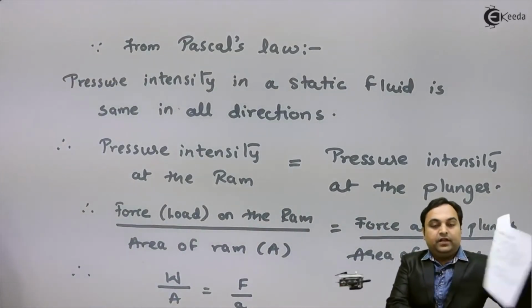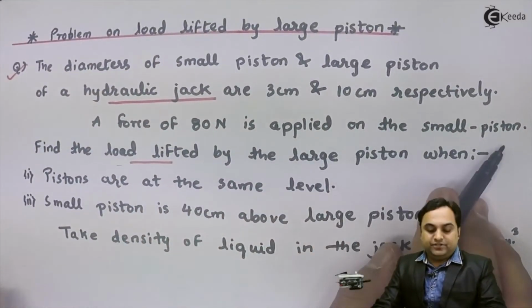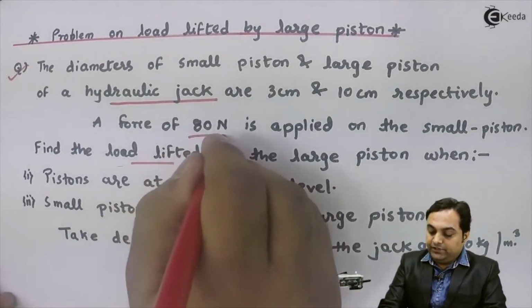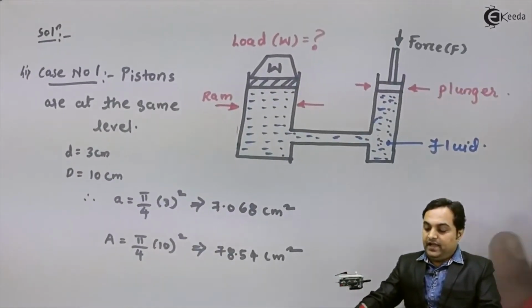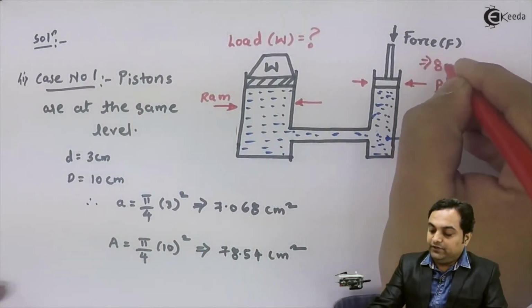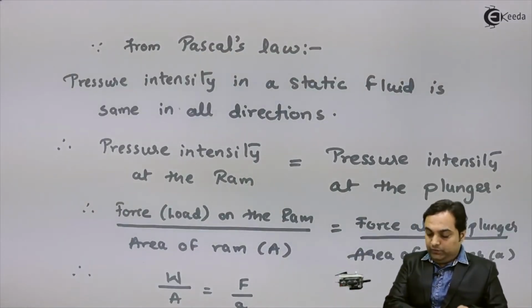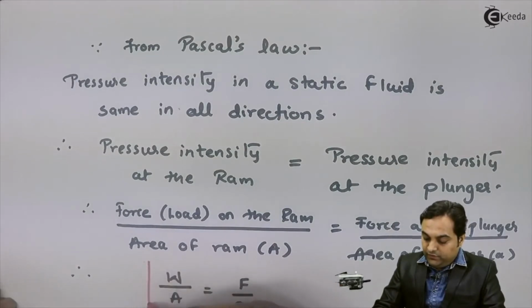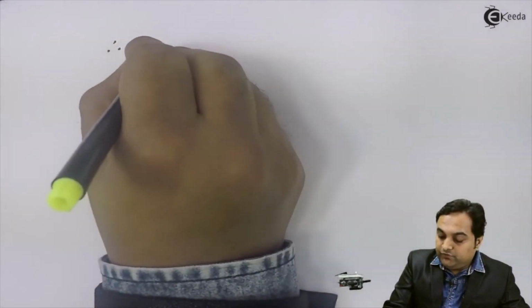Now if I look into this question, a force of 80 Newton is applied on the small piston. This 80 Newton is nothing but the value of F, because F is the force which is applied at the plunger and it is given as 80 Newton. So here I'll put all values in this equation which we have got. W is what we have to calculate.